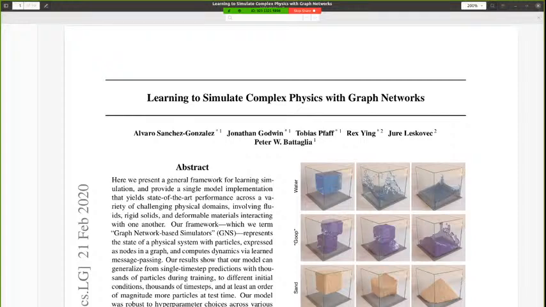Okay. So as David already explained, this is going to be the main paper for this session, learning to simulate complex physics with graph networks. As David already introduced, the graph networks are going to be one particularly cool feature that we will be looking at very superficially this week.